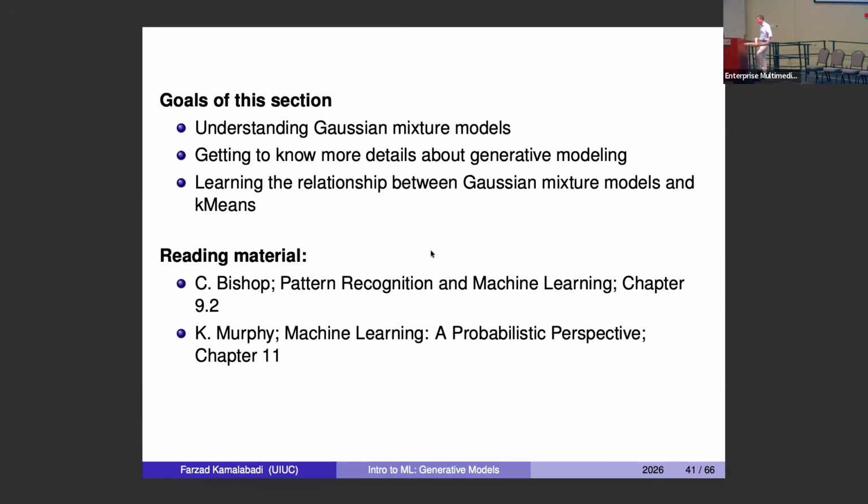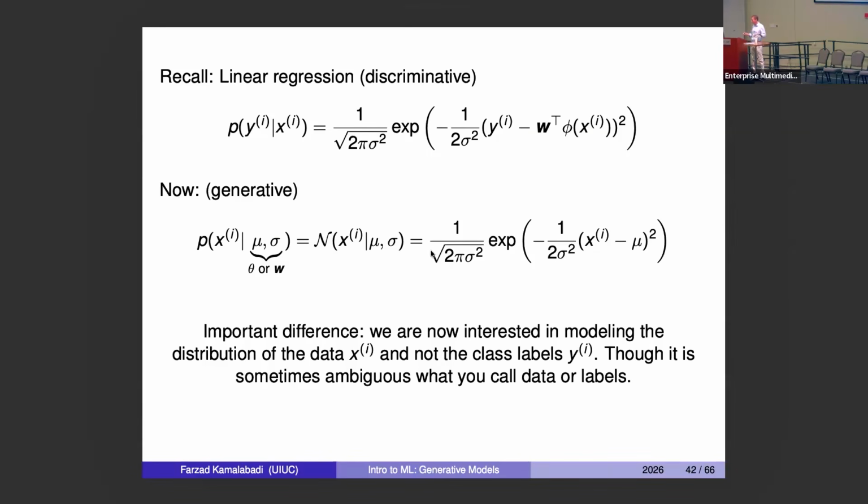So what is a Gaussian mixture model? Well, you remember in linear regression, we have a likelihood function where this is the center of our Gaussian. In the generative case, what do we have? We have a parameterized density with respect to the parameters of that Gaussian, mean and variance.